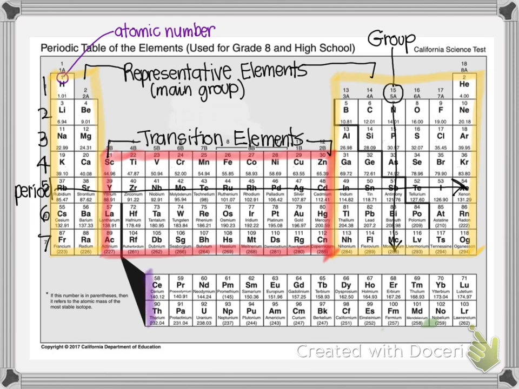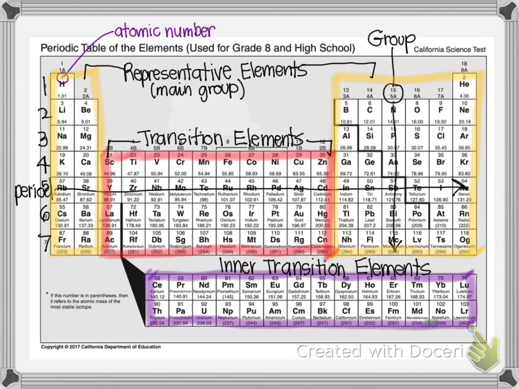These are the inner transition elements or the inner transition metals. Now notice the inner transition elements do not have group numbers. So that is correct. They do not have group numbers. Only the representative elements and the transition elements have group numbers, but not the inner transition elements.